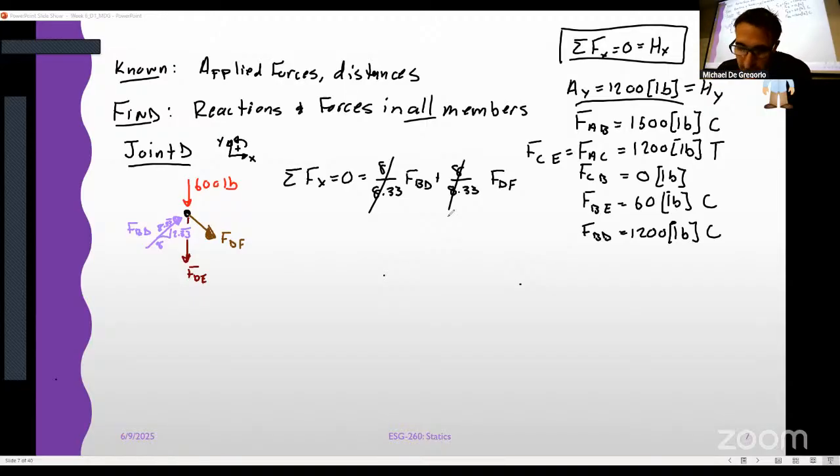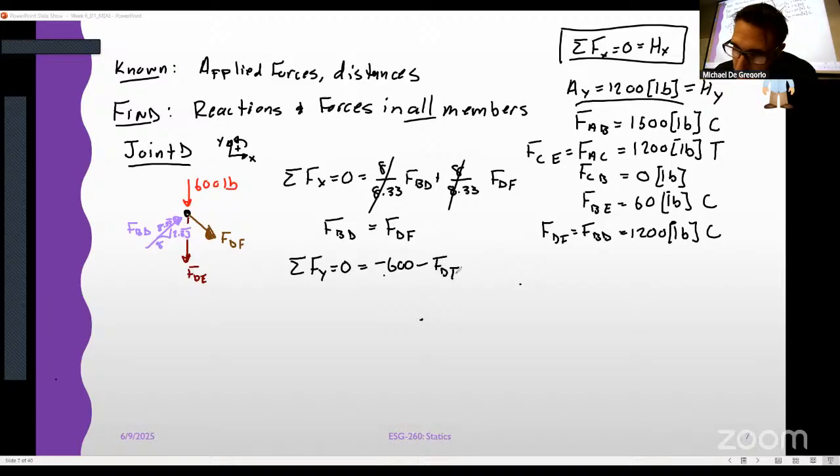Or divide through by that if that's how you like to think of it. So this tells me that FBD is equal to FDF. That's lovely, and the reason that's lovely is because now we know everything we need to know to set this up.